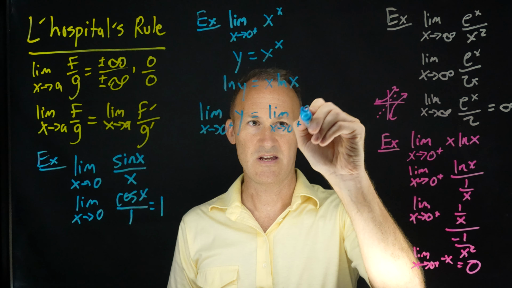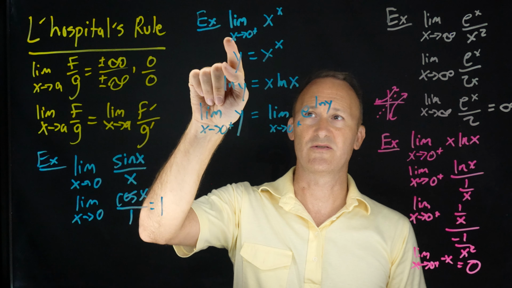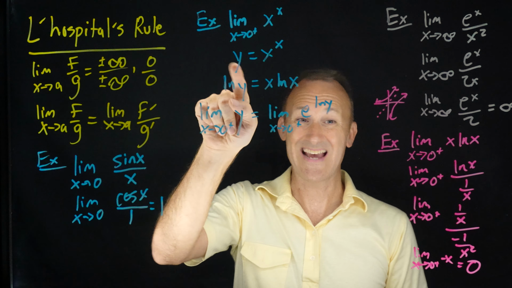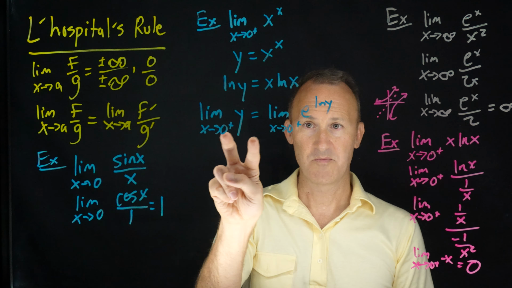Now, what's interesting about this is that ln y is x ln x, right? That's what we have here. So in effect, we have this chain here. We want to find the limit as x approaches 0 from the right of x to the x. We set y equal to x to the x. So that is the same as this. But now we do this little rewrite, y as e to the ln y.